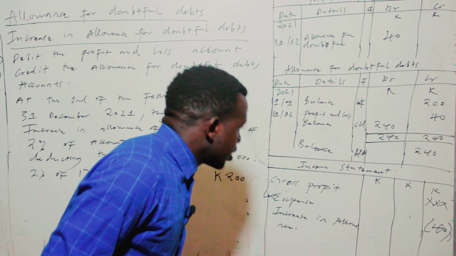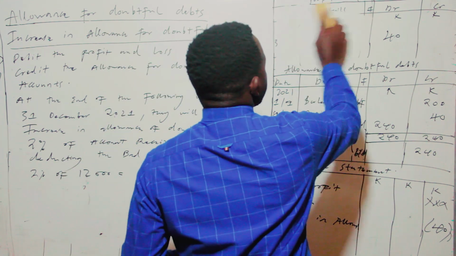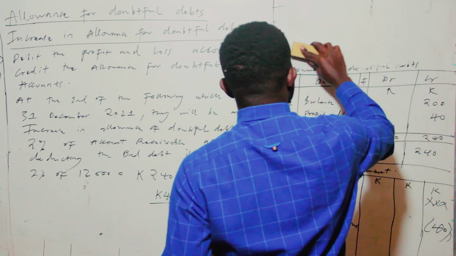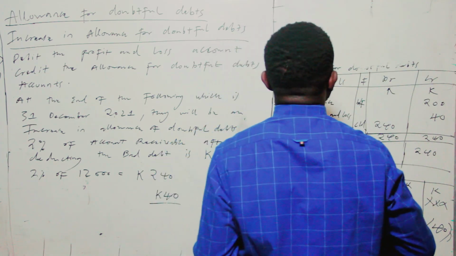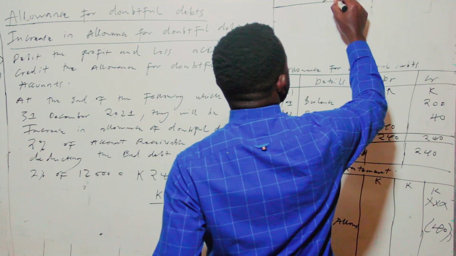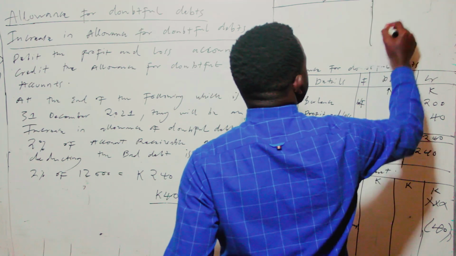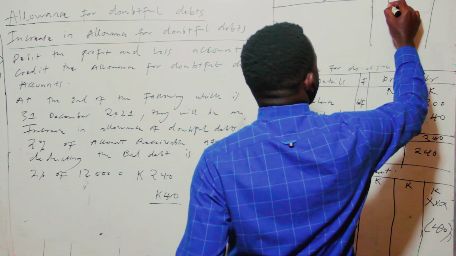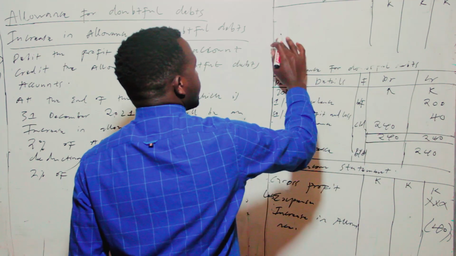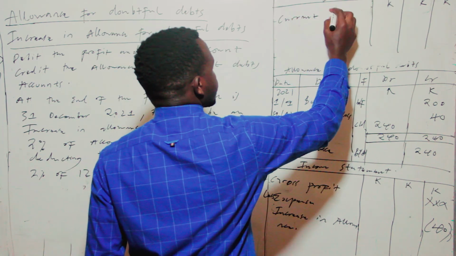Let us look at how we're going to show the balance sheet. So in the balance sheet, we have our kwacha, and we know that the thing that is affected there is the current assets.